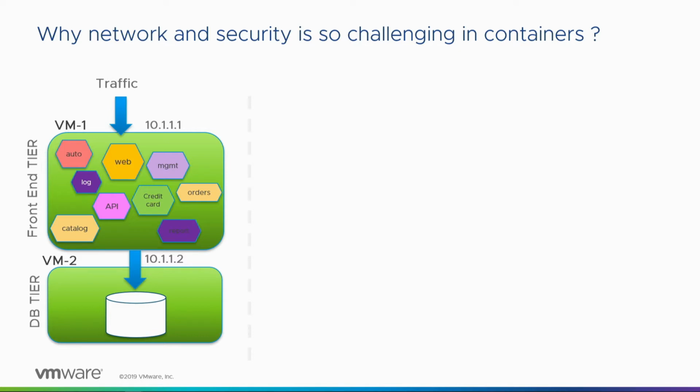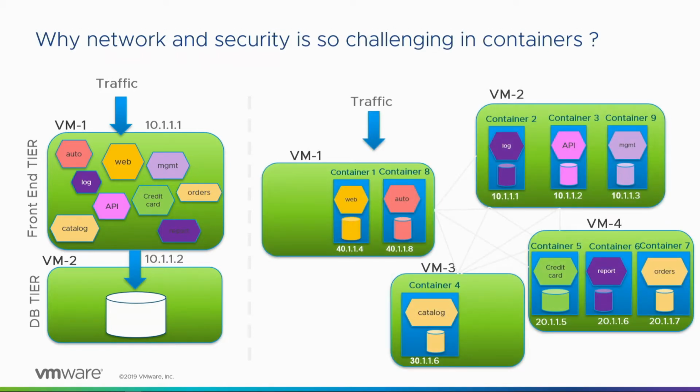From network and security perspective, it's very easy to secure this application. I have only two IPs. I know where the traffic is hitting, where the front end is, what the IP address is. It's very simple. When we take this application and break it into a microservices-based application, all the monolithic processes are now running as containers and communicate with each other. So from network perspective, the container or the pod inside the worker gets the IP address based on the worker they are running on.